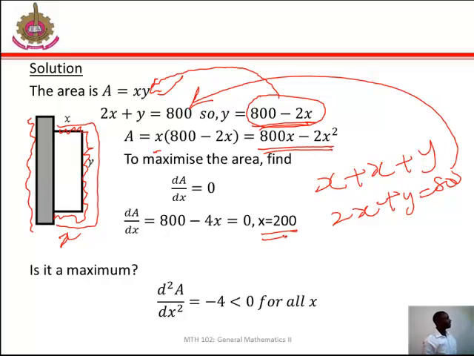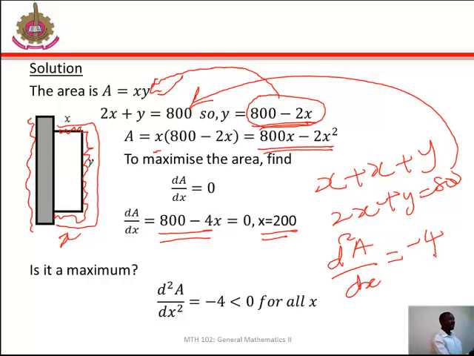Now the question again is, how sure am I that this particular 200 is the maximum? In order to answer that question, we are going to find the second derivative of the expression. The first derivative of 800x minus 2x squared is 800 minus 4x. So the second derivative of this expression is going to give us -4.